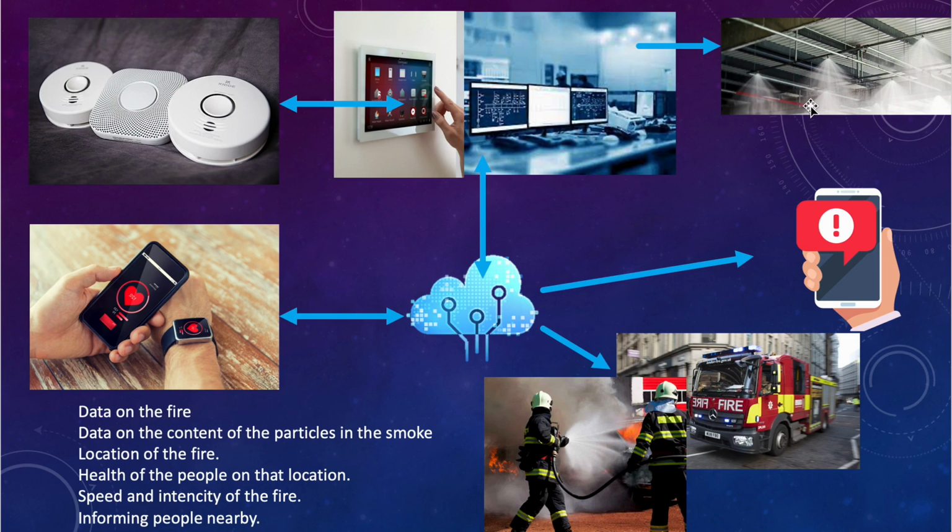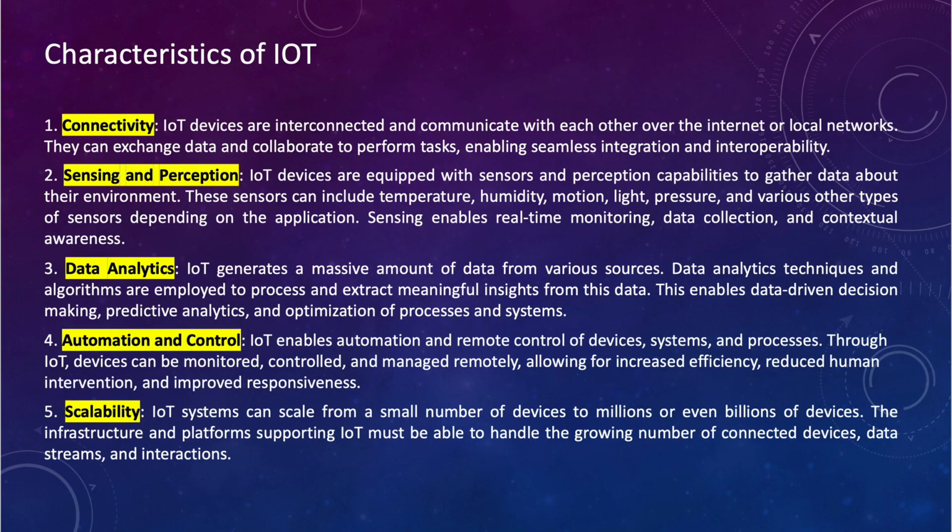All these things can be automated, and that automation, we are talking about the connectivity, so they can exchange data and collaborate to perform tasks. That is what is meant by IoT. So IoT in the subject itself enables seamless integration and interoperability between IoT systems, IoT devices, and so on and so forth.